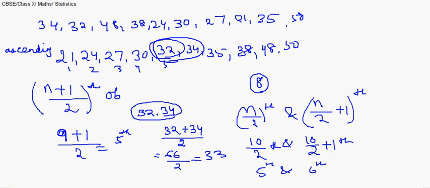Now I move on with taking up a question on the median of a discrete frequency distribution. In such cases, we calculate the cumulative frequencies. I'm writing it down: median of discrete frequency distribution.